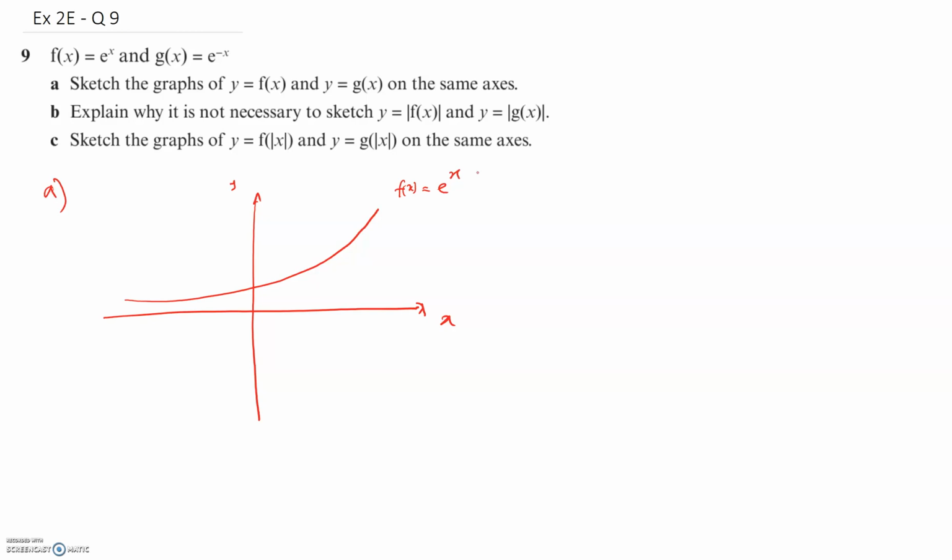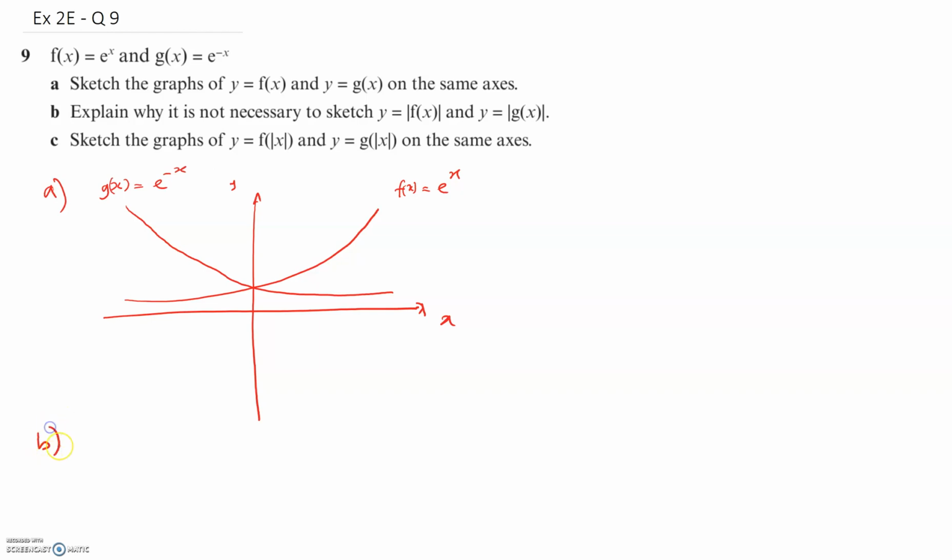E to the power of -x is a reflection in the y-axis of that, so it looks like this, and they've called that g of x. So that's part A. Two graphs you should know how to sketch already.